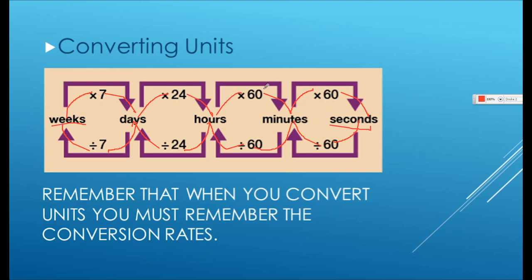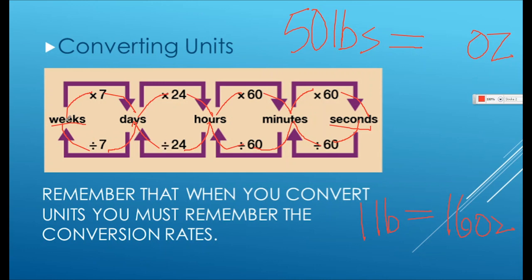Another example, say you're going from pounds to ounces. Well, if I gave you 50 pounds and you wanted to know how many ounces that is, you would have to know that 1 pound is 16 ounces.